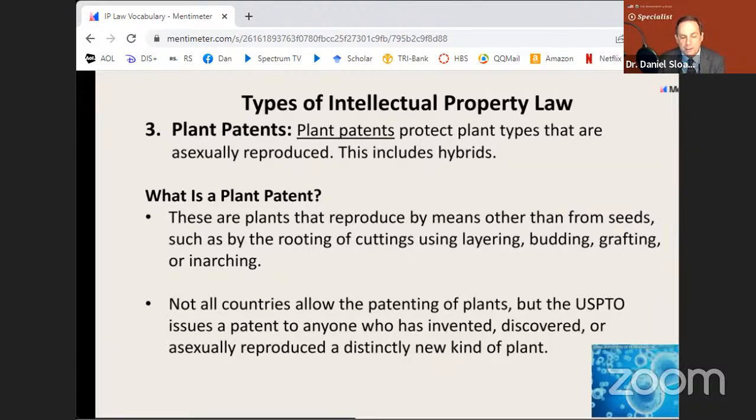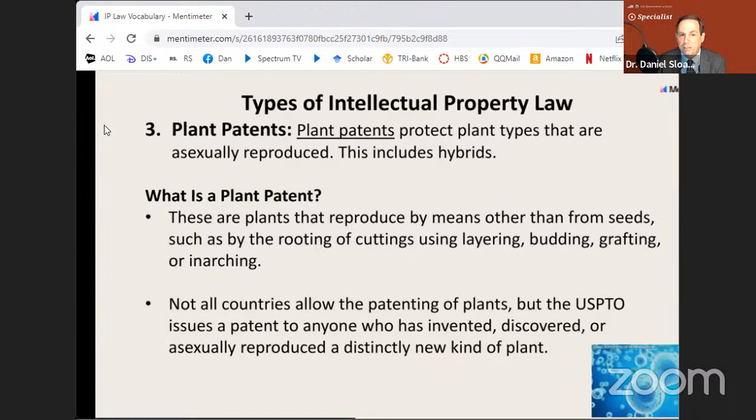Okay, so we'll go back to our ideas here. Types of intellectual property law. Again, we have plant patents, and plant patents protect plant types that are asexually produced. These include hybrids.